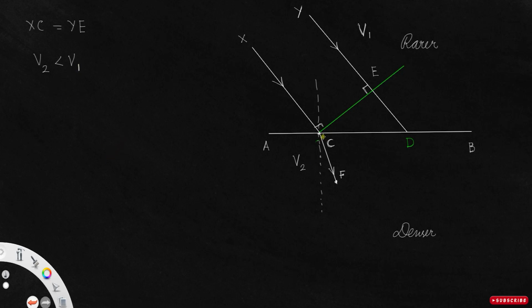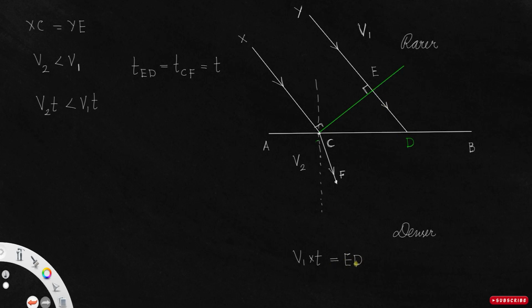Clear? And let us assume that by the time the wave from E reaches the point D, that is the time taken to reach D from E, the ray from C reaches the point F. Let's assume these two time periods are equal, T. Now if I multiply T in this inequality, we have V2 into T less than V1 into T. Clearly, V1 into T means velocity into time, that is the distance ED.